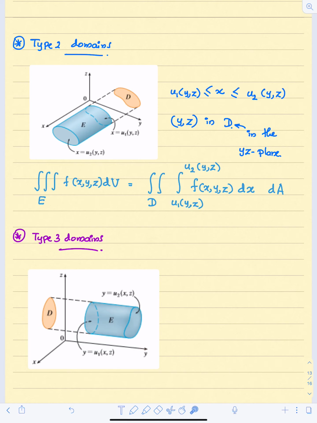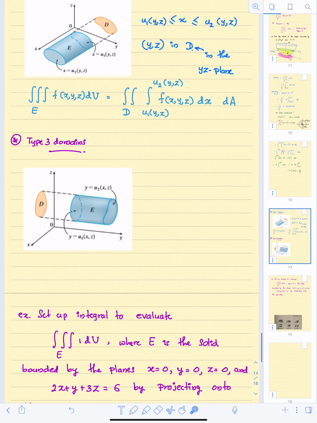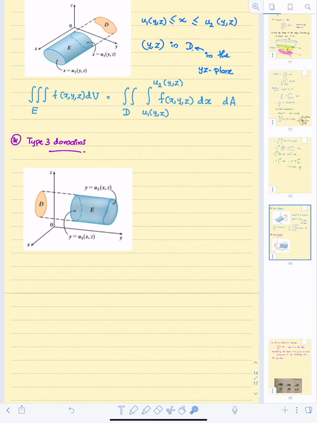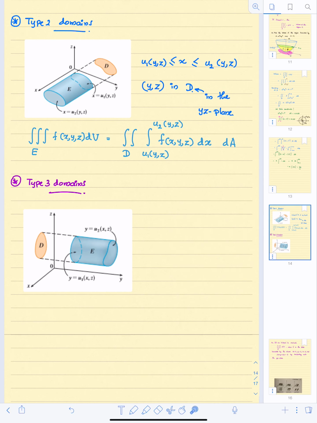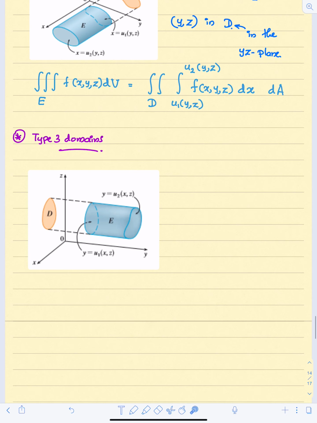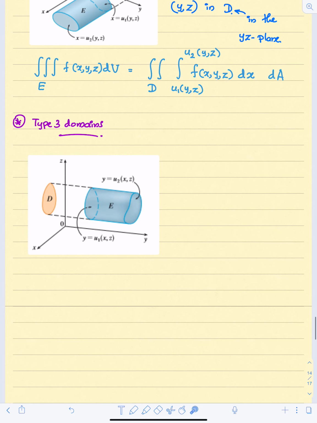Now the last type is type 3. So if you have a type 3 domain, then your y values are bounded by two surfaces, so left and right.